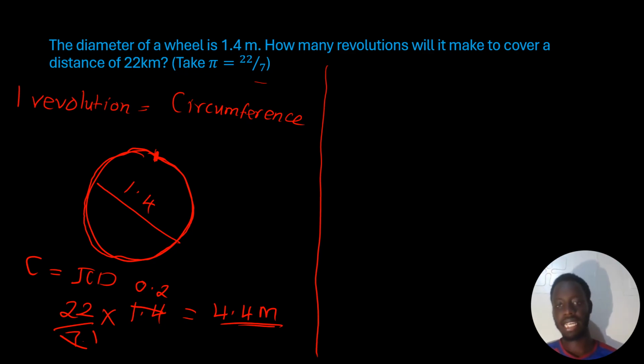That is the circumference, and we have been given the distance in kilometers, so we have to convert it to meters. 1 kilometer is equal to 1,000 meters. What about 22 kilometers?